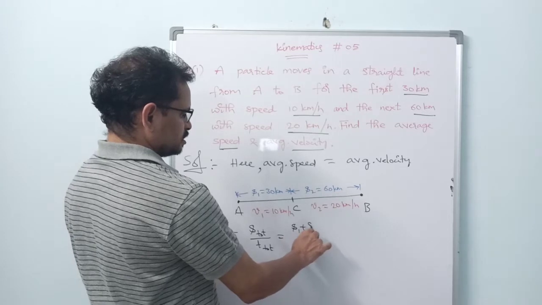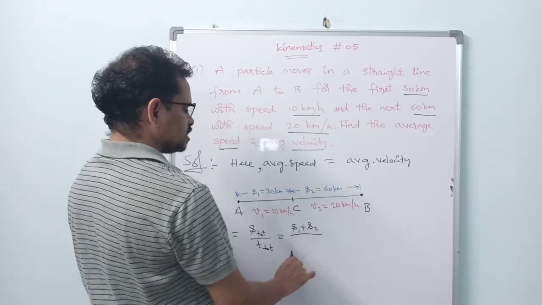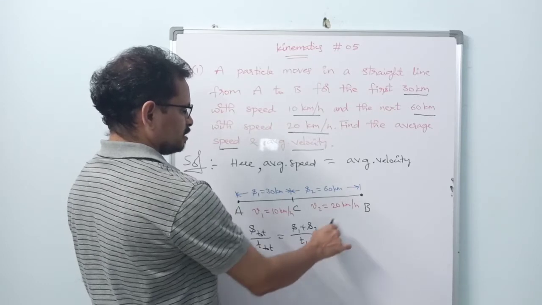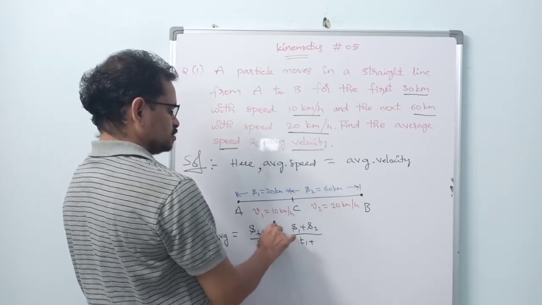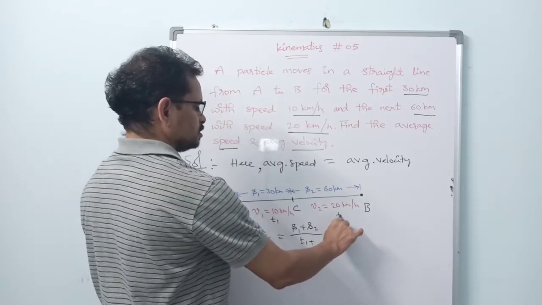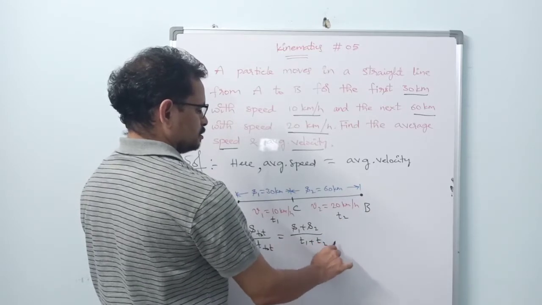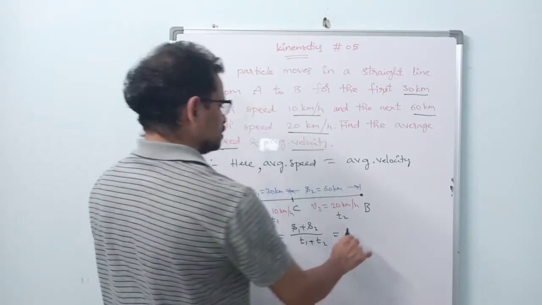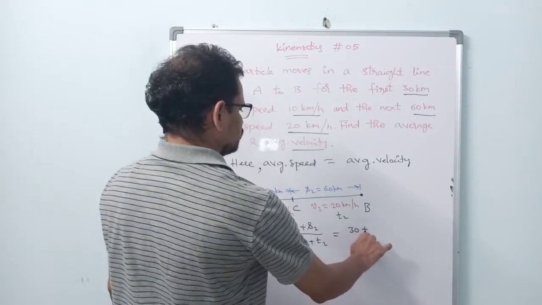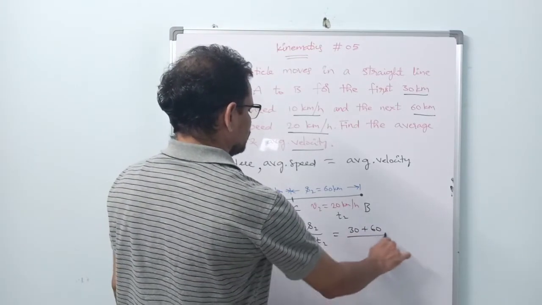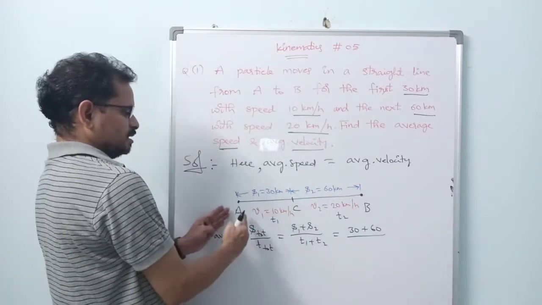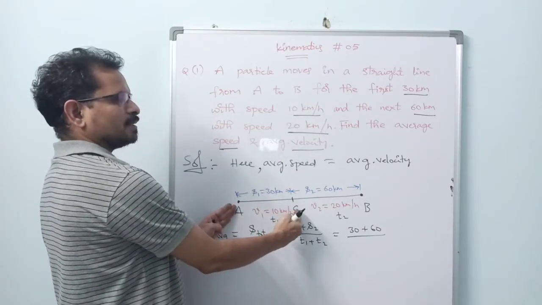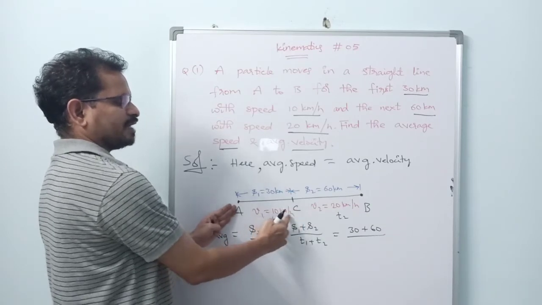S1 plus S2. What is total time? For this part of the journey, time is T1. For the remaining part, time is T2. So this is equal to how much? Let us substitute the values. What is S1? 30, plus S2, 60, by T1. See, from A to C, with what speed did the particle move? With a speed of 10 kilometers per hour.